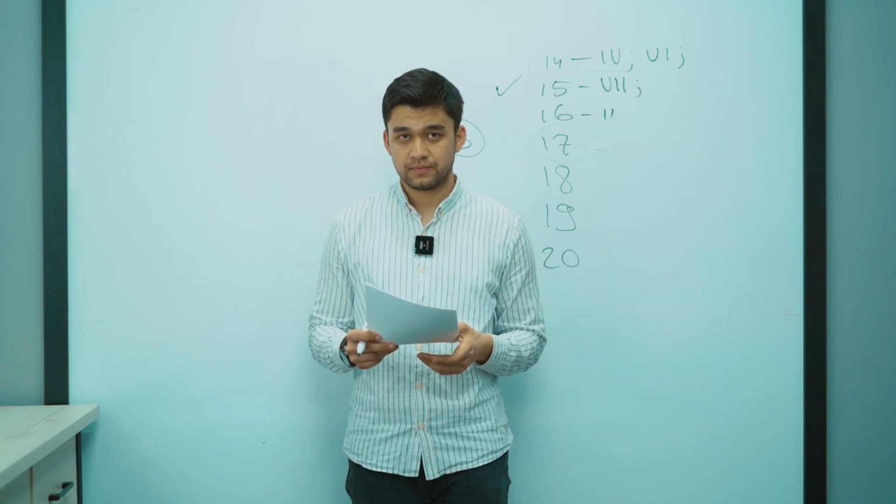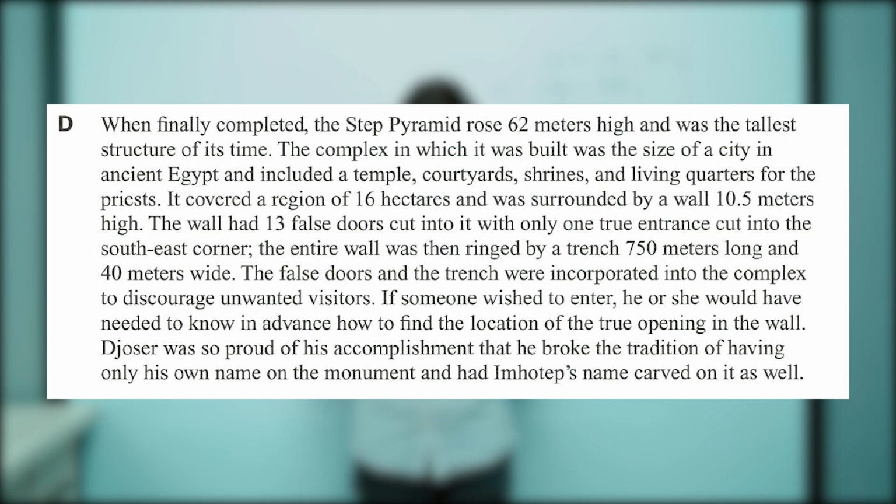And I will read that by myself. So let's do it together. When finally completed, the step pyramid rose 62 meters high and was the tallest structure of its time. The complex in which it was built was the size of a city in ancient Egypt and included a temple, courtyard, shrines, and living quarters for the priests.